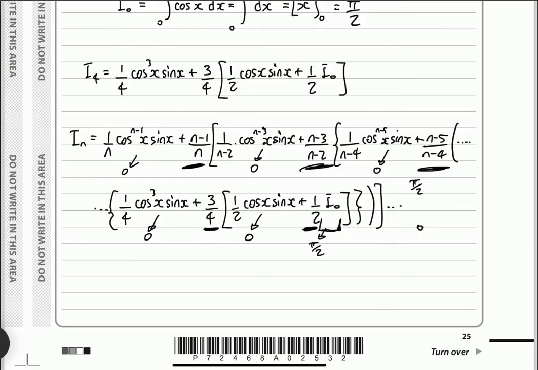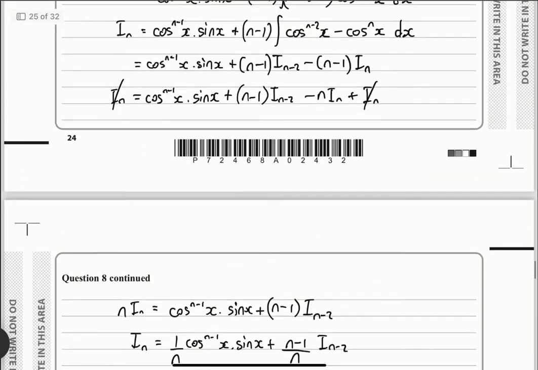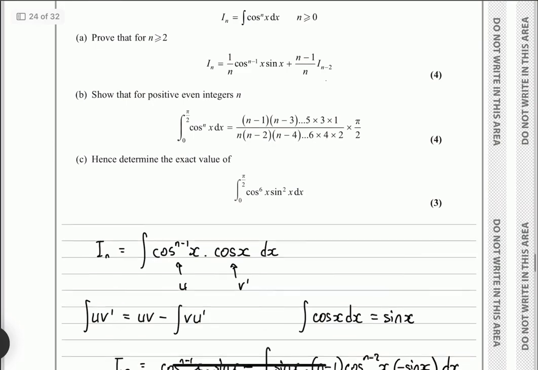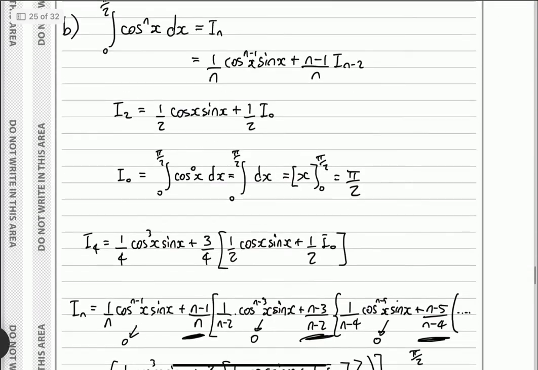So I'm just going to assume that's enough. We are going to get n minus 1 over n times n minus 3 over n minus 2 times n minus 5 over n minus 4 times 3 over 4 times 1 over 2 times pi by 2. Was that enough? 3 over 4 and a 5 over 6 as well.